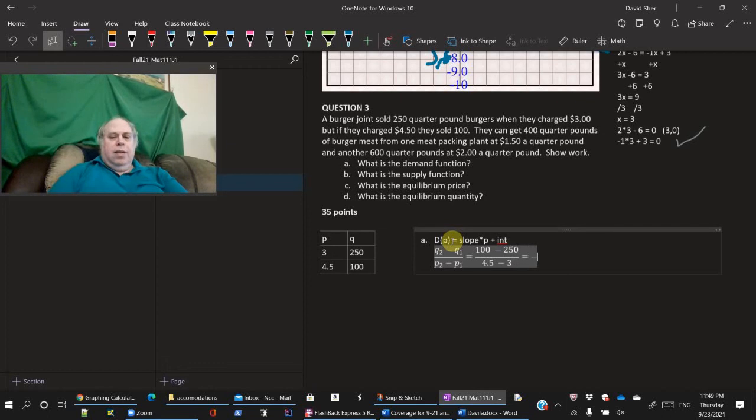In this case, it's negative 150 divided by 1.5, which is equal to negative 100, which is the slope.